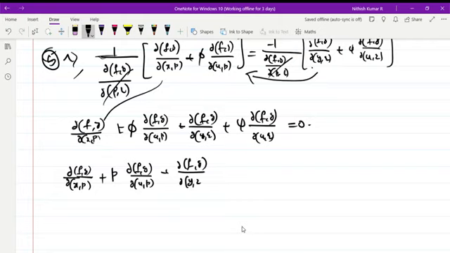Now taking this to the other side, we get plus ∂(f,g)/∂(y,q) plus ξ into ∂(f,g)/∂(u,q) equal to 0.